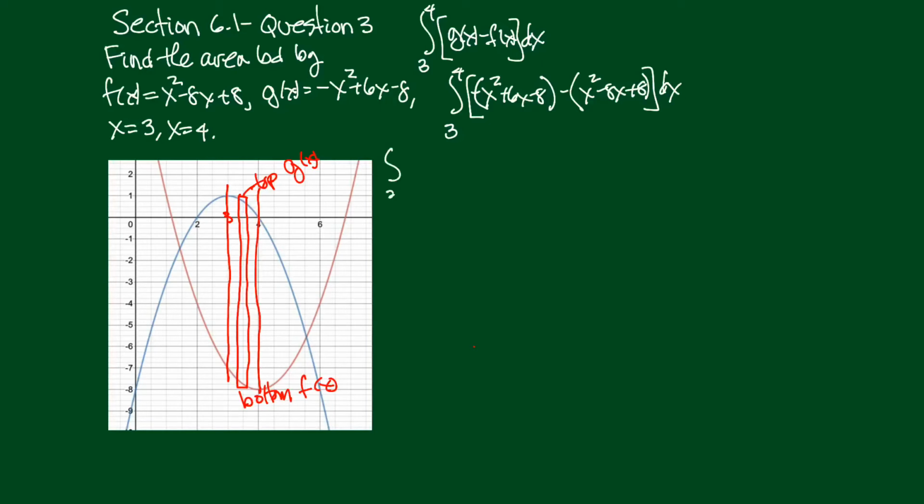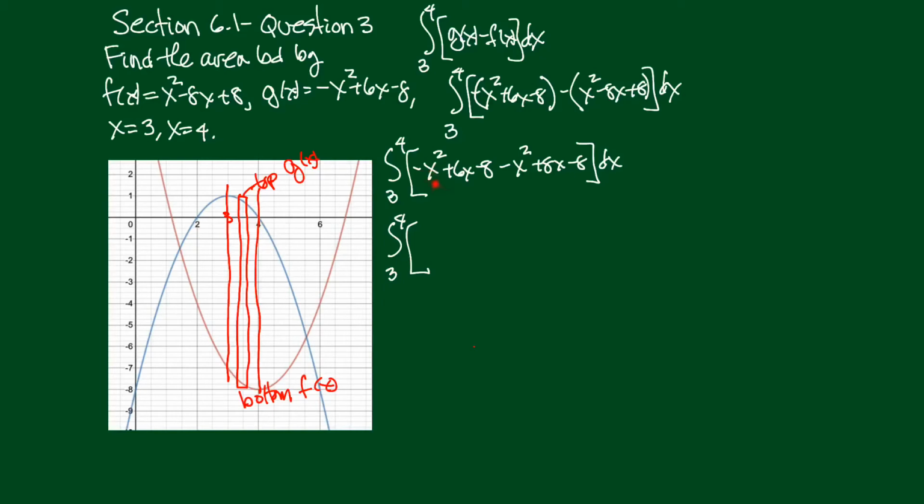This is the integral from 3 to 4 of, okay, let's get rid of those parentheses, negative x squared plus 6x minus 8, and then take that minus sign through, minus x squared plus 8x minus 8 dx. Where does this put us? 3 to 4 of, okay, what have we got here now?